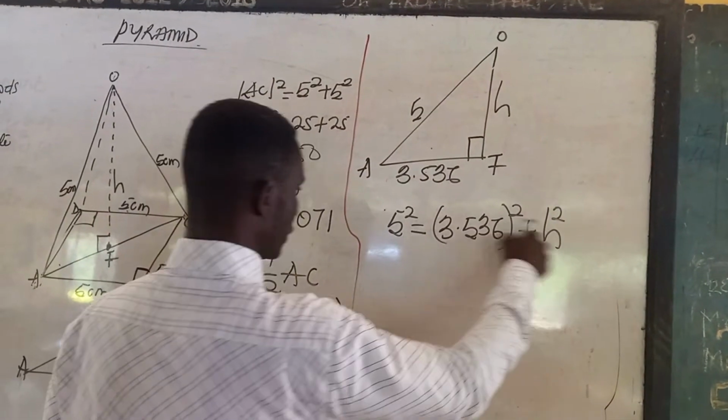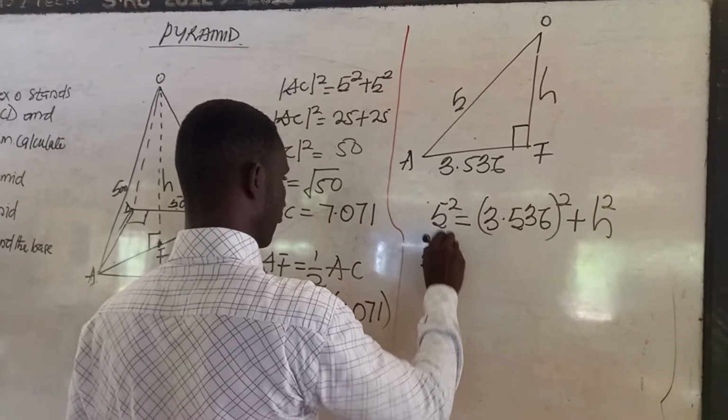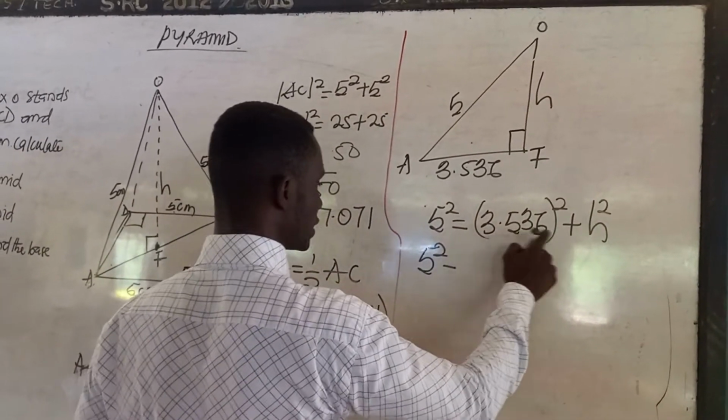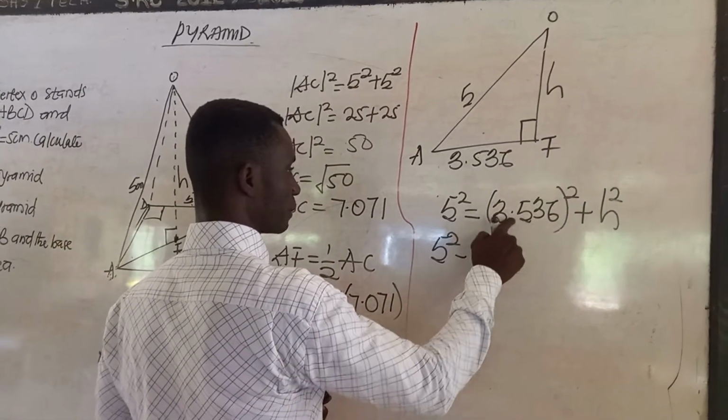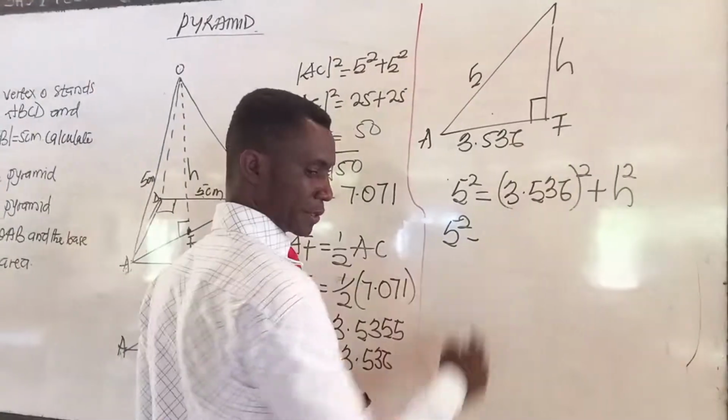So that h squared will be 5 squared minus 3.536 squared, which will give what?